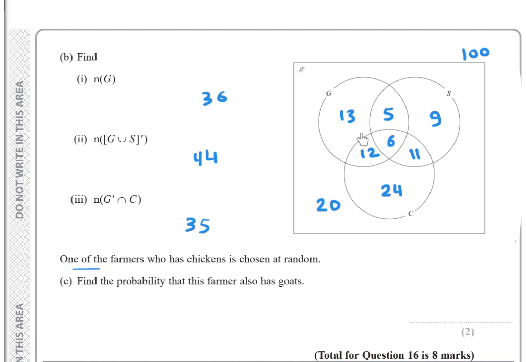So the denominator is 53 because we need to choose one. This farmer also has goats, from this region. How many farmers have goats? 12 and 6, so 18. So 18 over 53.